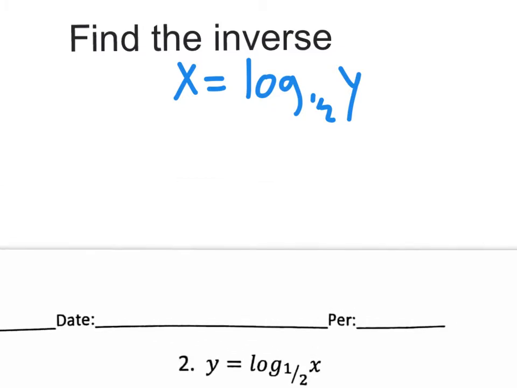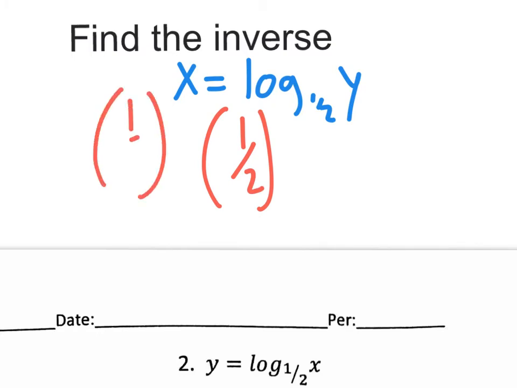To get rid of a log, you'd have to undo it by doing the inverse operation of a log, and the inverse operation of a log is raising it to the power of the base that you have on the log. So you would have to take this whole right side and raise it to the power of base half. And what you do to one side, you do to the other side, you'd raise the x to the power of base half, and the equal sign now comes between the bases.